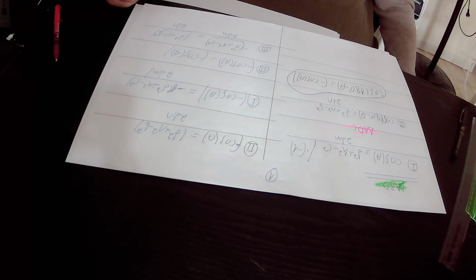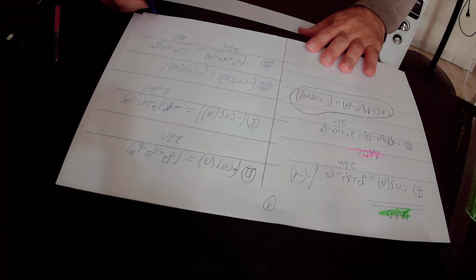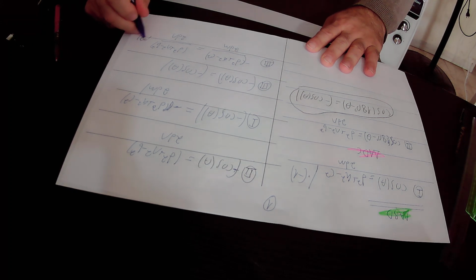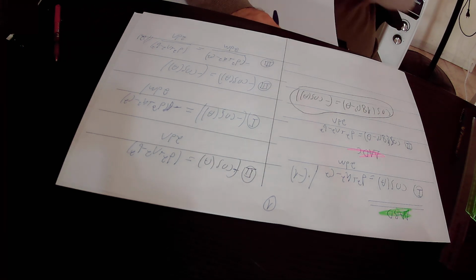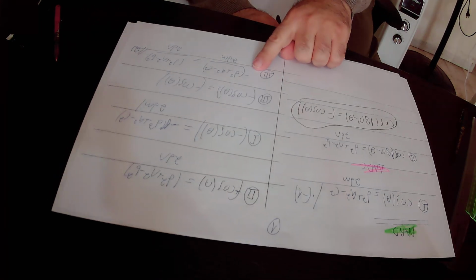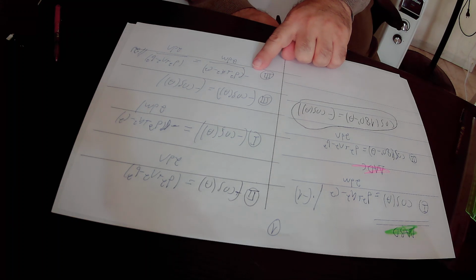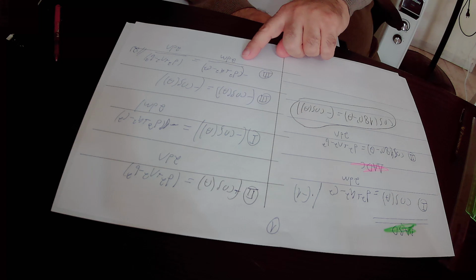In the next step, we multiply this equation number 3 by 2d. So on this side, we multiply by 2d, so 2d over 2d is 1, so 2d will get cancelled.